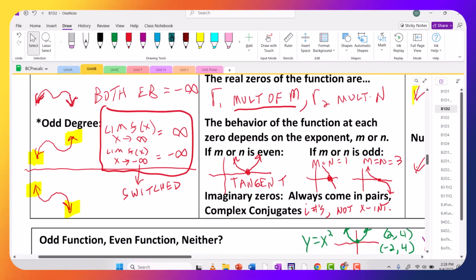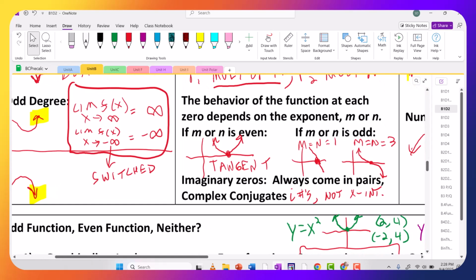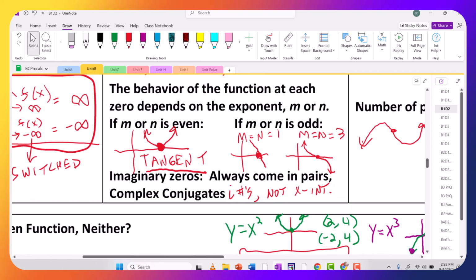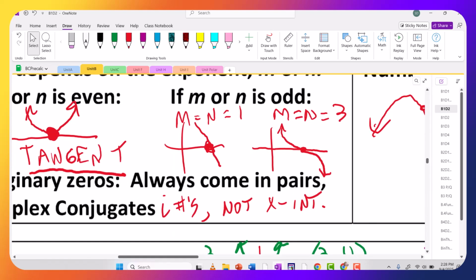Okay, so then what would happen if m or n was even? Then at that 0, we would have a bounce, which is the word tangent. We're going to, I think, put this all together tomorrow. And then if m is odd, I do need some differences.